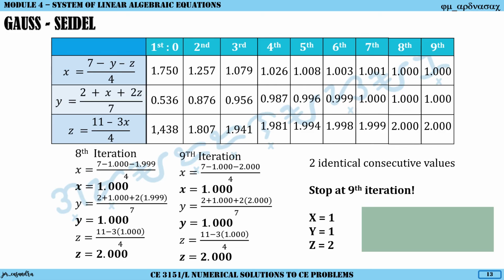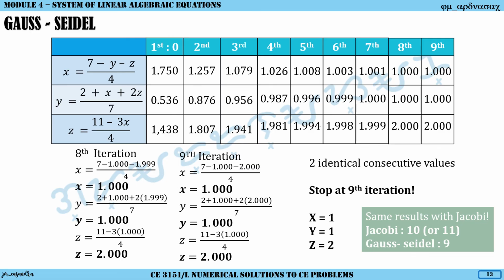So if you compare now our result from the Gauss-Seidel, it is the same with our results with the hakabi iterations. So take note, for hakabi, nasa 10 or 11 tayo na iterations depending on the number of decimal places we're going to consider. And then for the Gauss-Seidel, it was reduced to 9. So mas kumonte yung iterations natin.